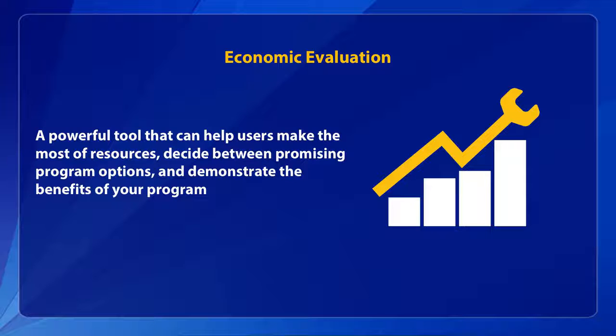This series is designed to introduce you to a number of important concepts that will help you understand economic evaluation and how to incorporate these methods into your programs. The 4 types of analysis that we will discuss in this series are 1. Economic impact analysis, 2. Programmatic cost analysis, 3.